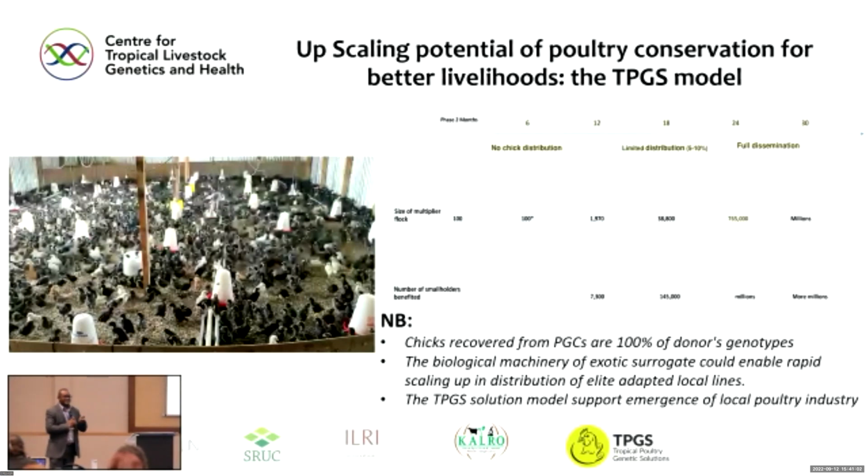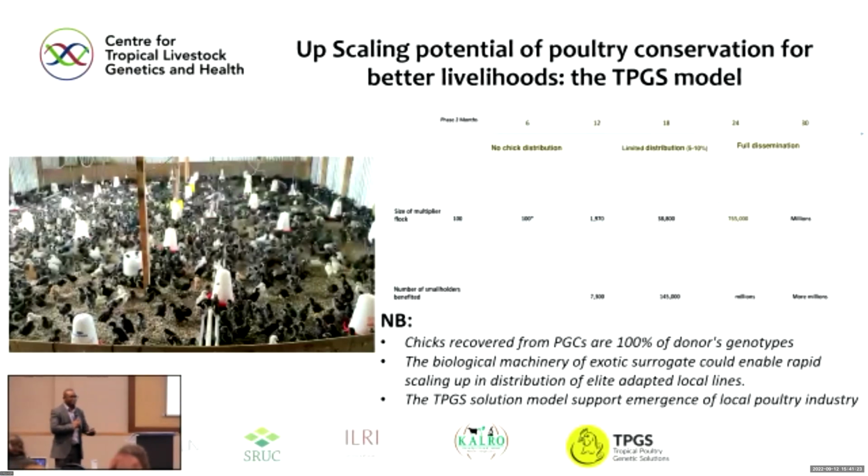While using the surrogate technology now, it is very possible to use the body machinery of the surrogate, because we need to compare that. Local chicken produce a maximum of 90 to 100 eggs per year, for example, in the best case. But with the professional layers, how many eggs can they produce? How many chicks can they produce per year?